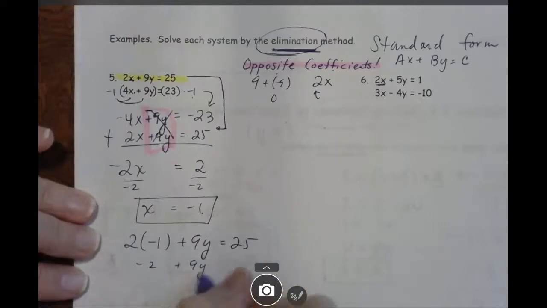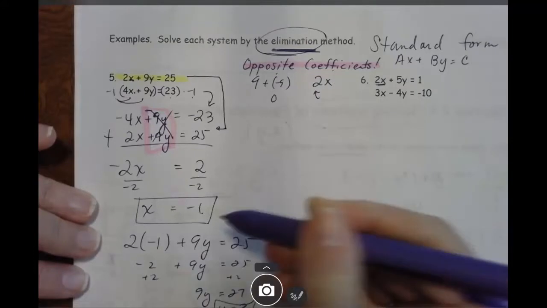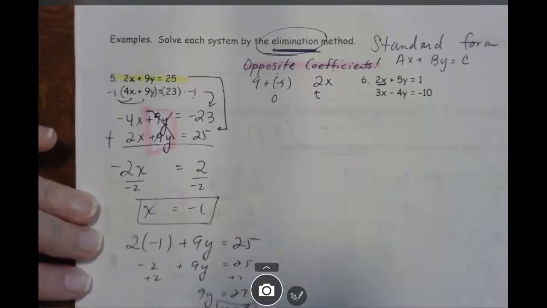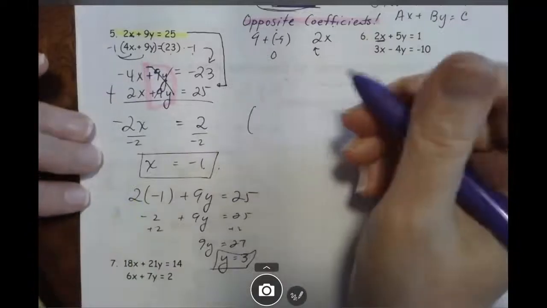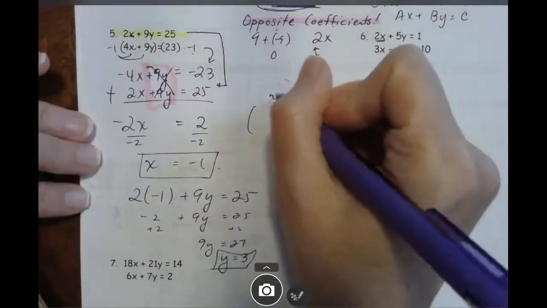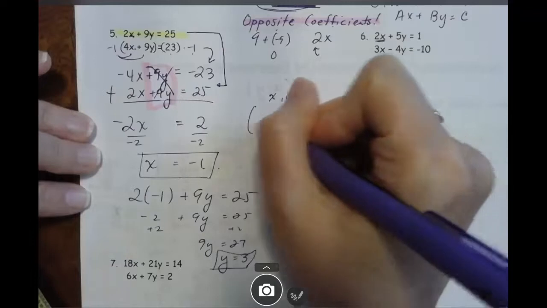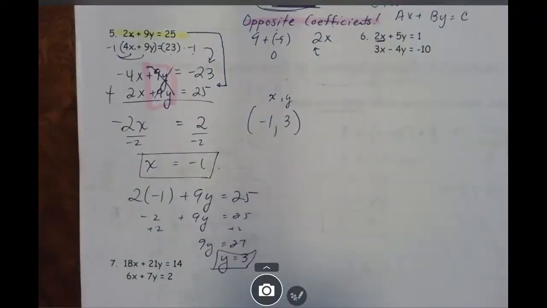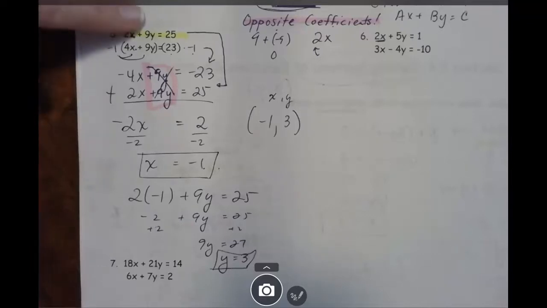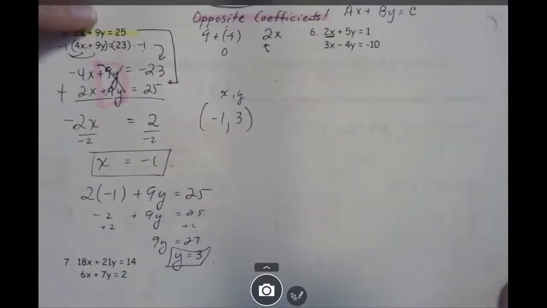Negative 2 plus 9y equals 25, plus 2, 9y equals 27, y equals 3. There's my x, there's my y, and now I know that for number 5, the answer in x, comma, y form is negative 1, 3. Now, let's take a look at number 6, and that'll be my last example.